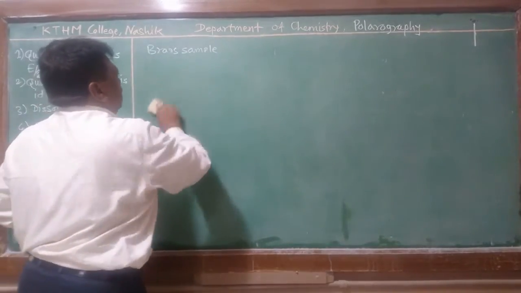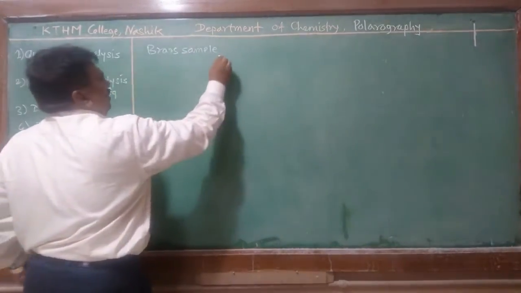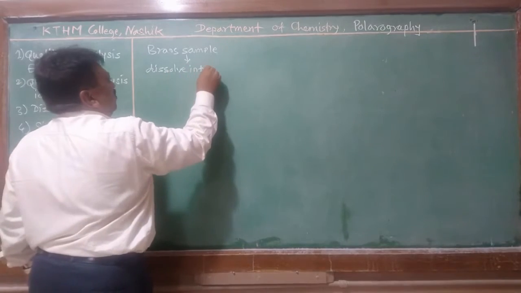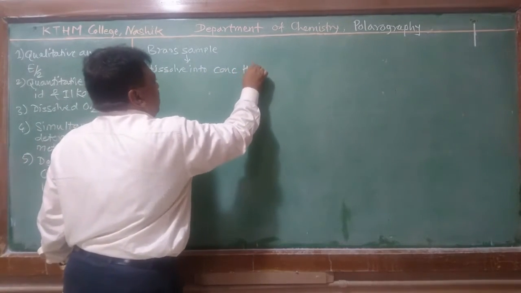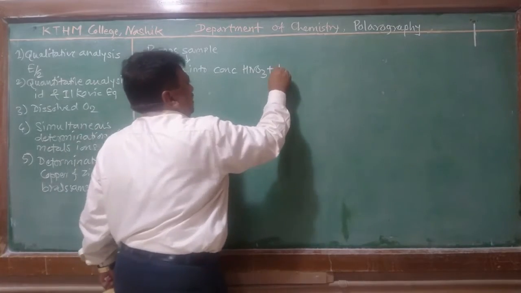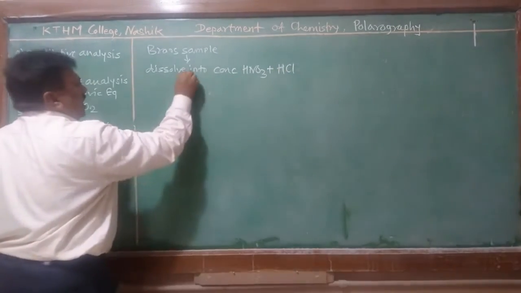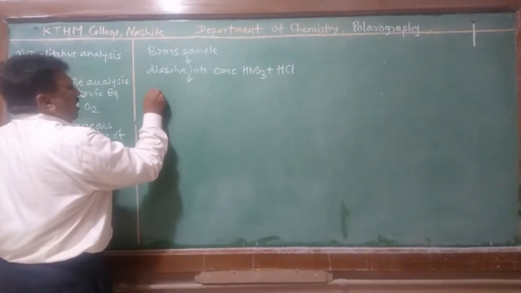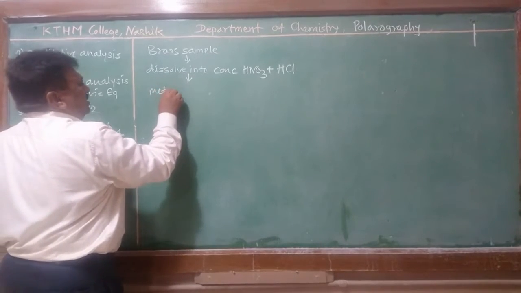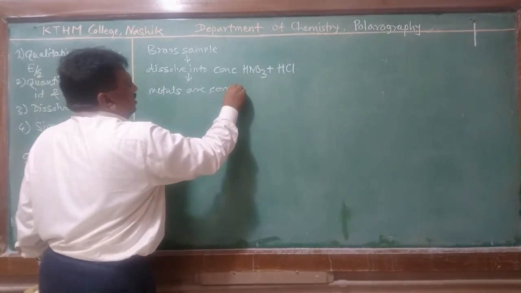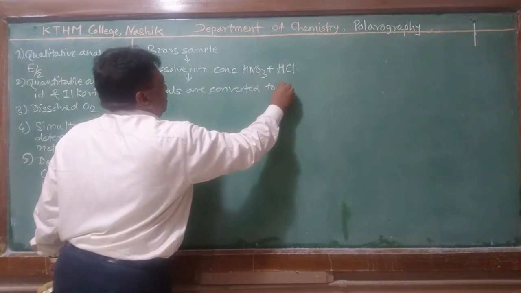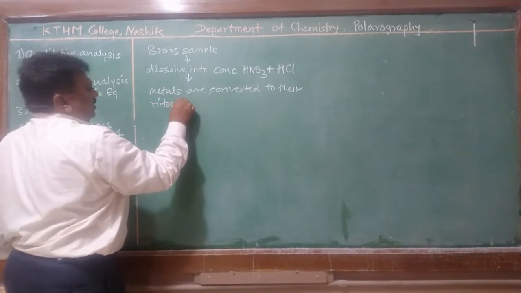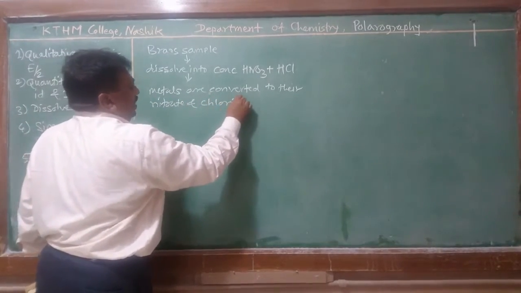Initially the brass sample is dissolved in concentrated HNO3, nitric acid, and concentrated HCl, so that all the metals present in the brass sample are converted to their nitrate and chloride salts.